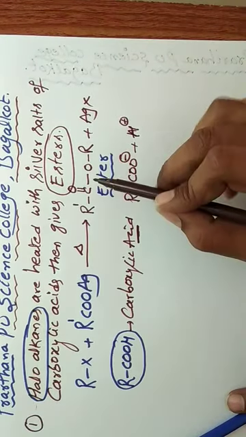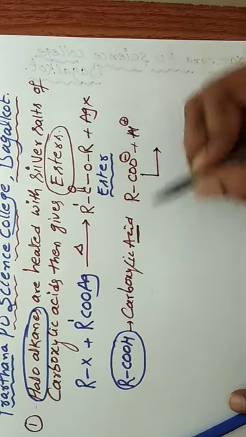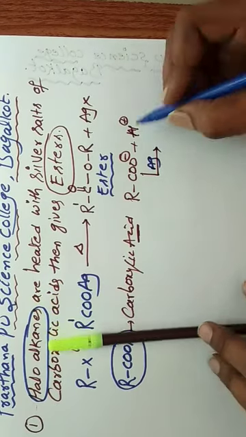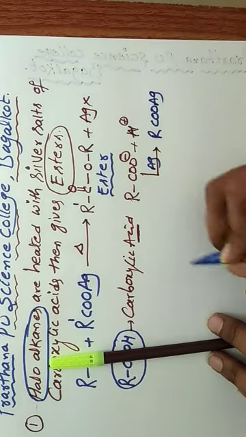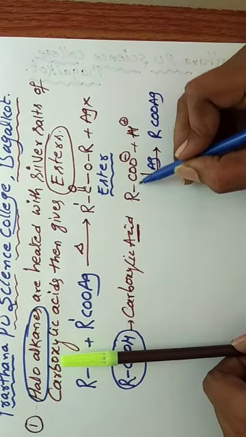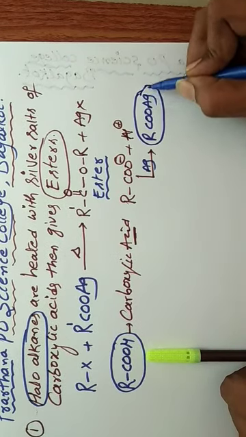If you want the silver salt of carboxylic acid, we add Ag. Then we get RCOOAg. Here silver is Ag plus and the other part is COO minus. Finally we get the silver salt of carboxylic acid. Any one of the alkyl groups can be attached to COOH, and then we get the silver salt of carboxylic acid.